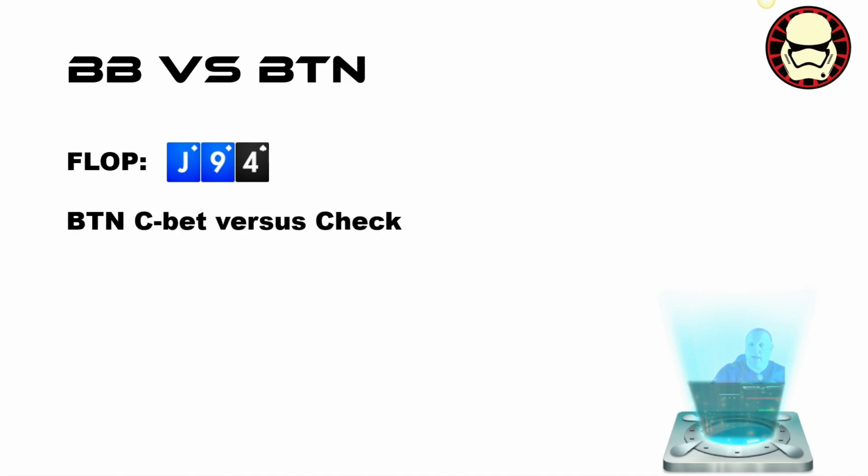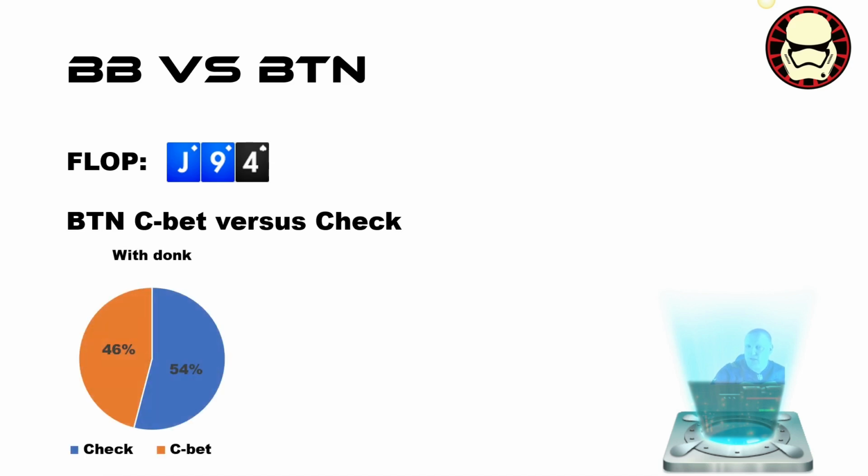But how often does the button C bet? That's the thing. When the small blind has an opportunity to donk, but he doesn't, he checks, then button is going to continuation bet on Jack 9-4 suited 46% of the time.